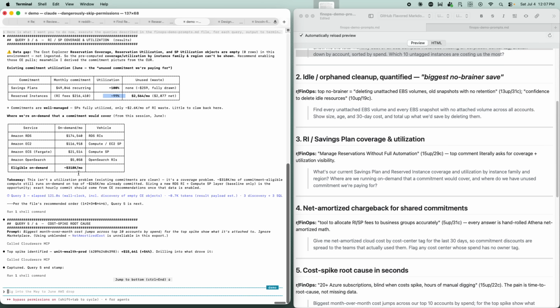I also want you to focus on workloads that have been running for at least 30 days, so that your analysis is not being skewed by recently launched infrastructure.